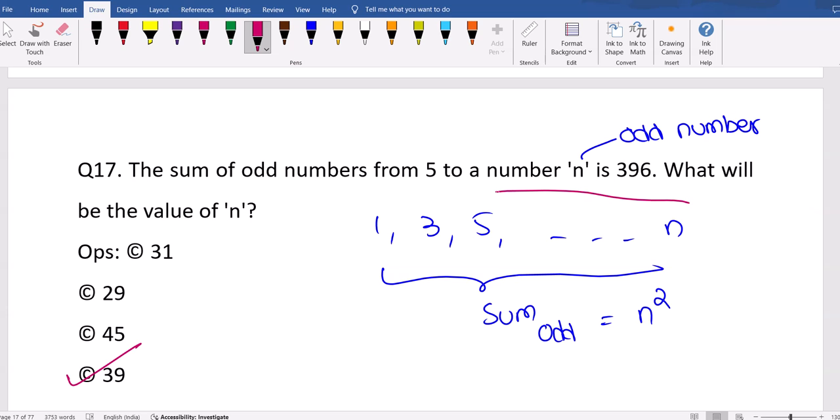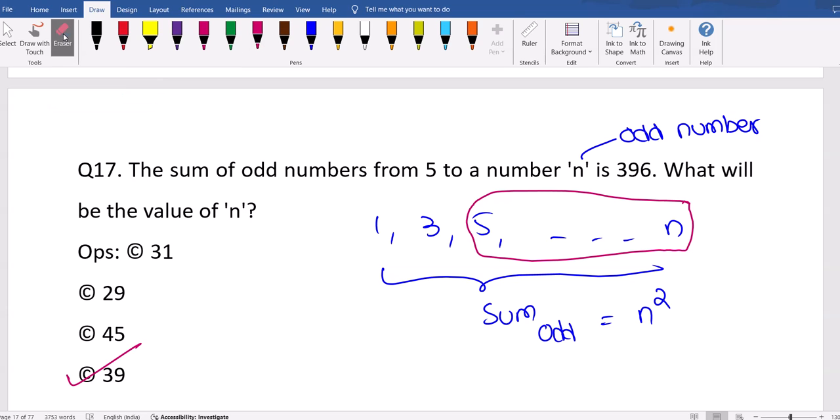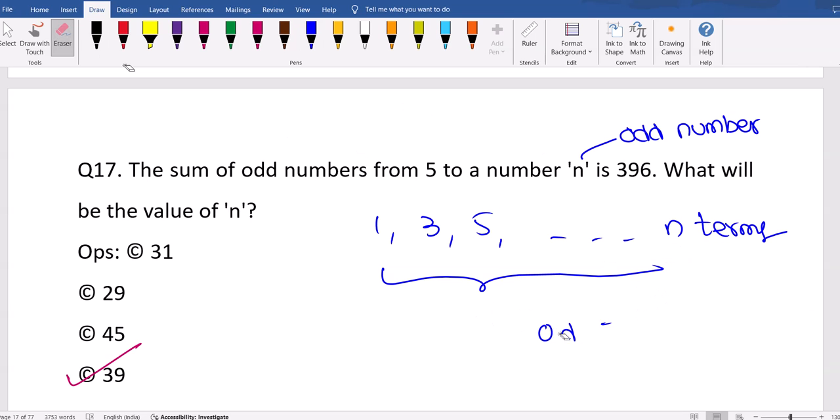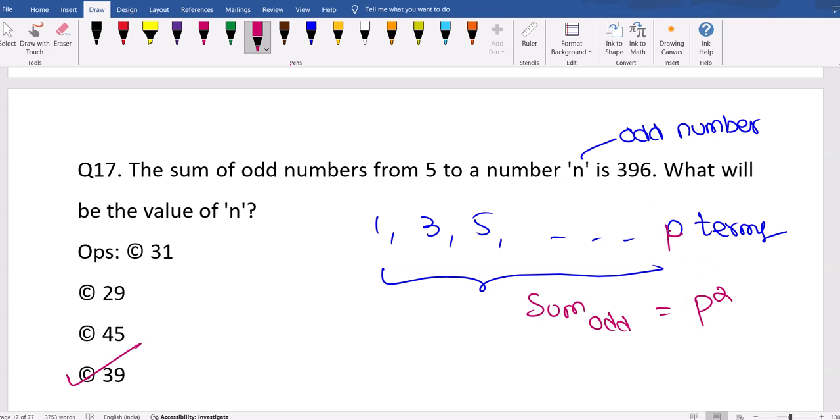The remaining is 396. If I put 1 and 3, it is 400.